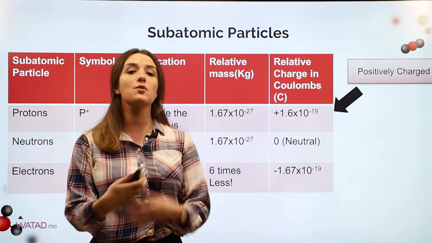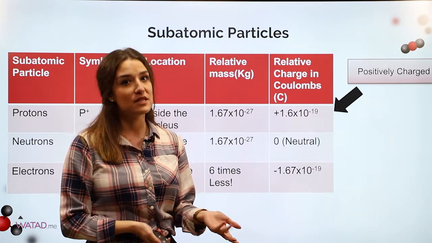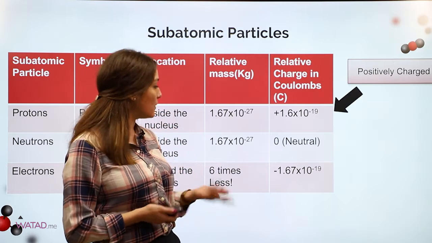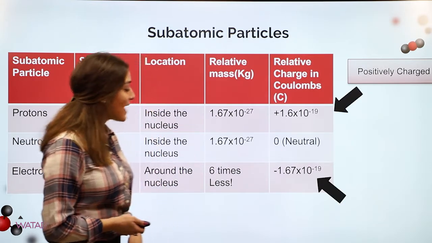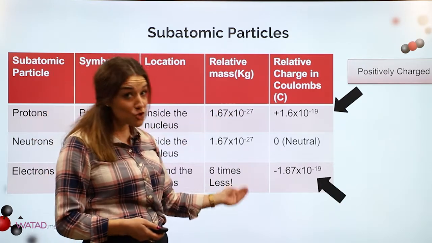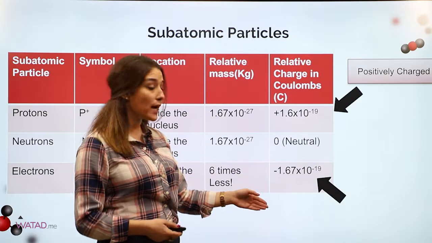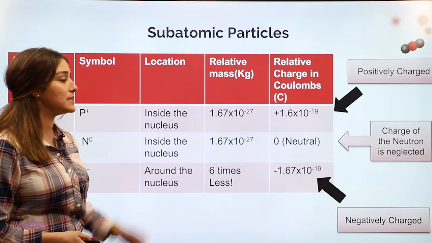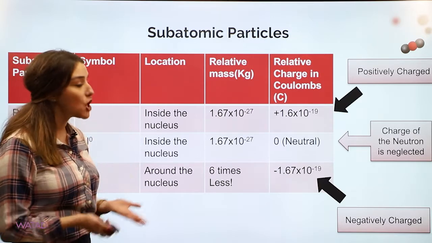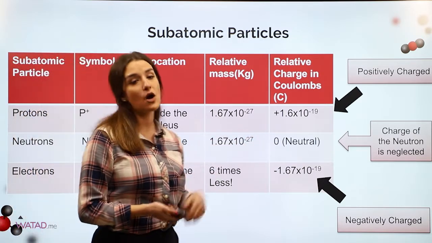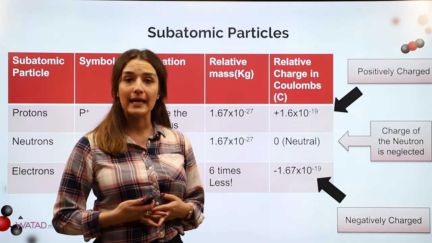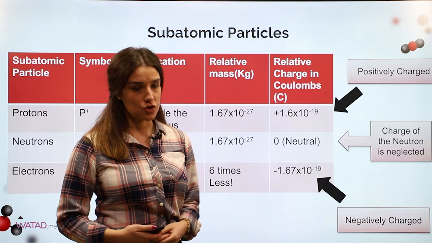But I'm sure throughout the exercises, when you use this number a lot, you will eventually remember it without any help. We can see that we have the same charge, but a negative one, for the electrons. And when it comes to the neutrons, the charge is neglected because neutrons don't have a charge, which is another way of saying that they are neutral in charge.